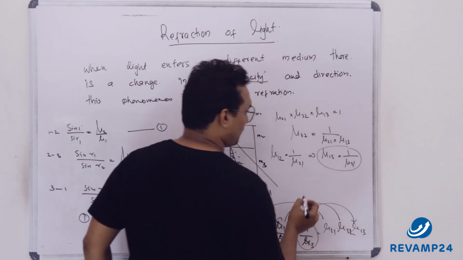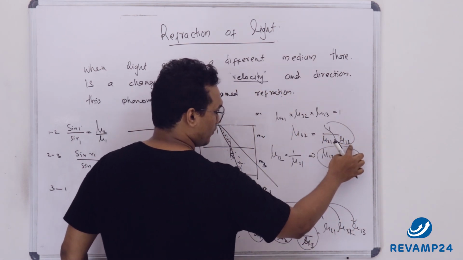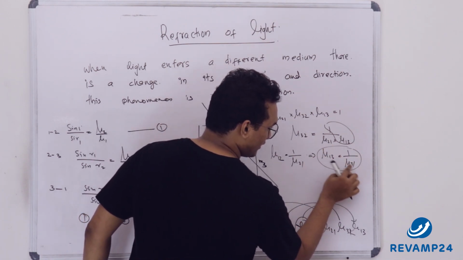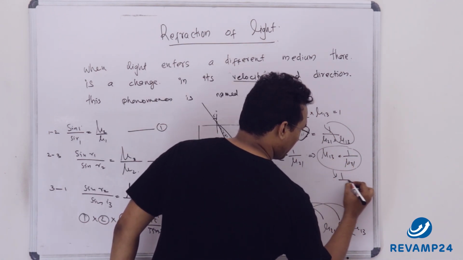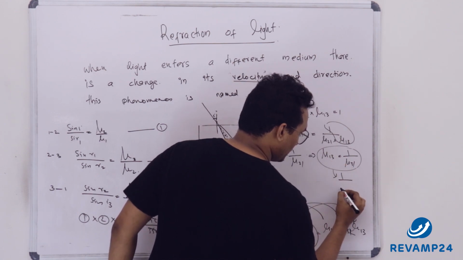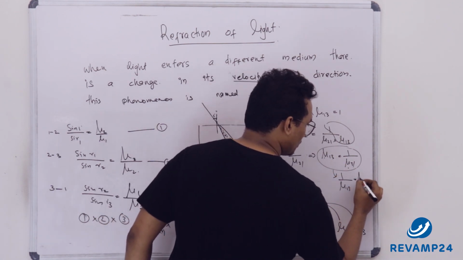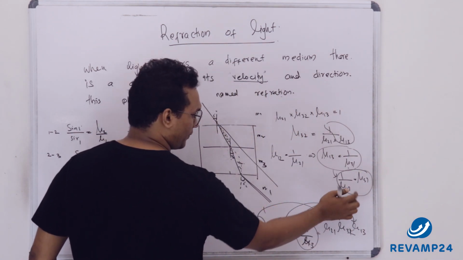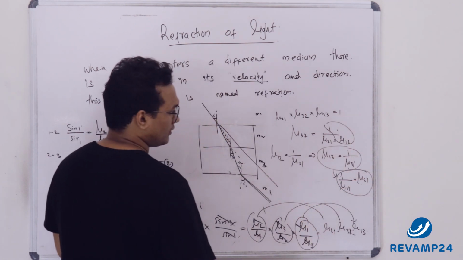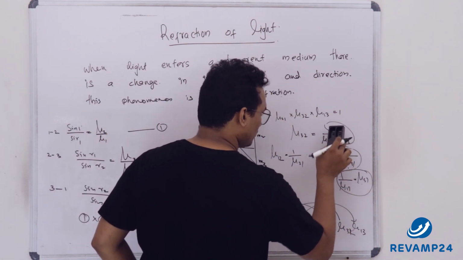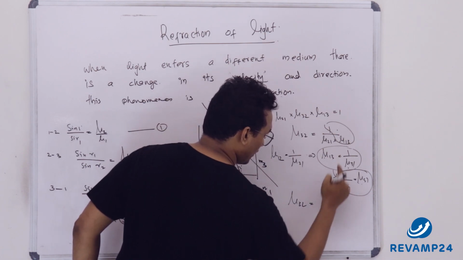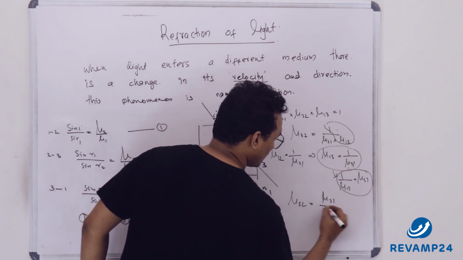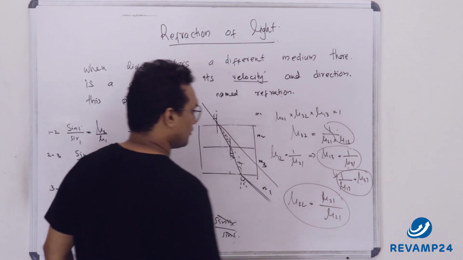Now for this replacement, 1 by mu13 is mu31. So mu32 is equal to 1 by mu13, which is mu31, divided by mu21. See, another important relation.